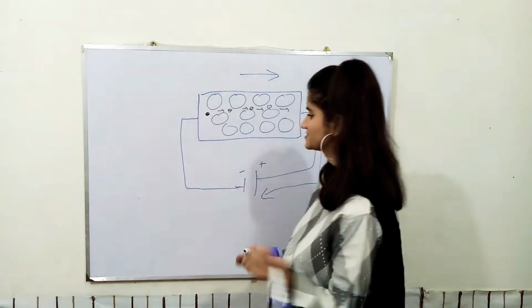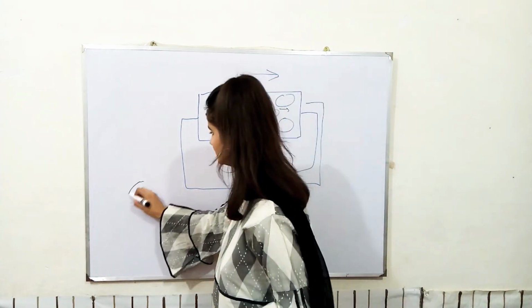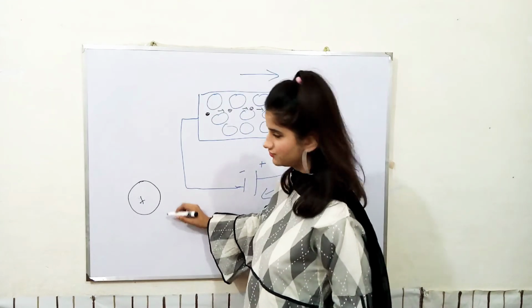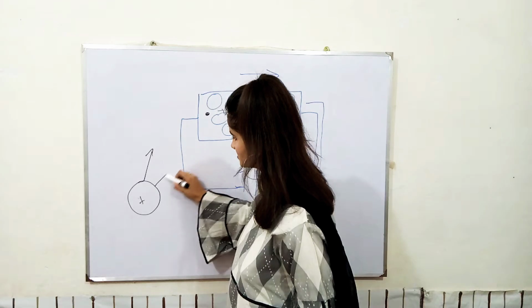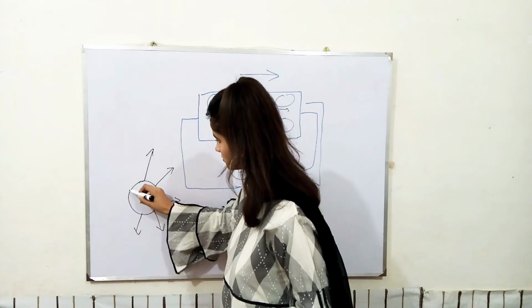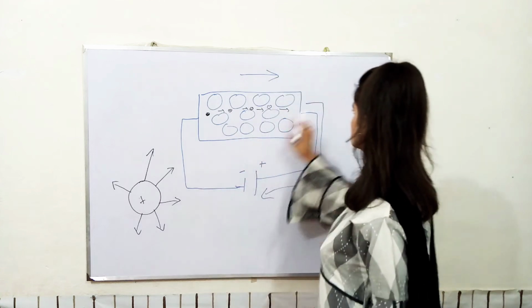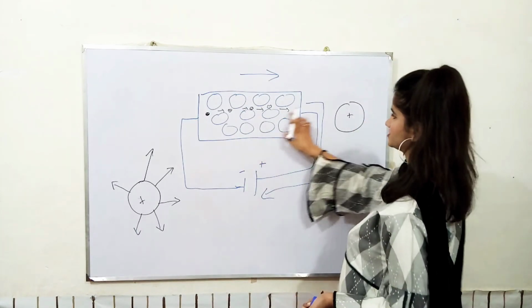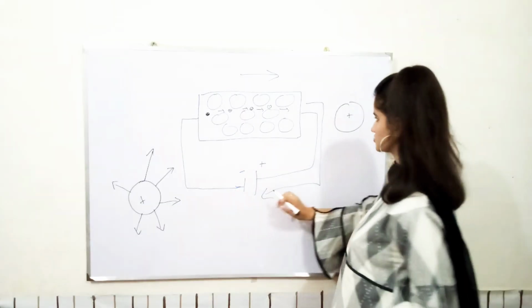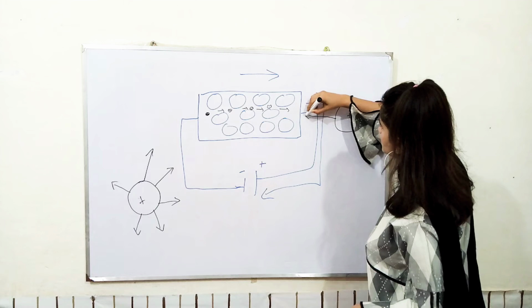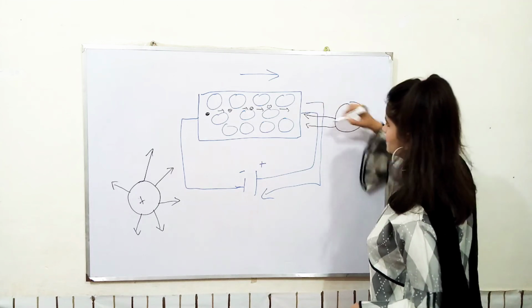We have already studied electric field. For example, this is the positive charge. The electric field of a positive charge is always outward. And here, for example, on this side there is positive charge present as current is traveling in this direction, and the electric field which is produced is in this direction.